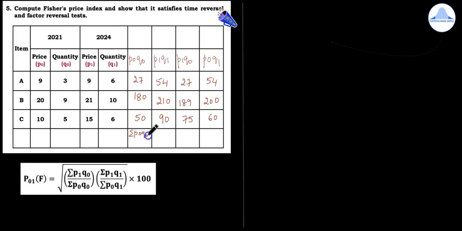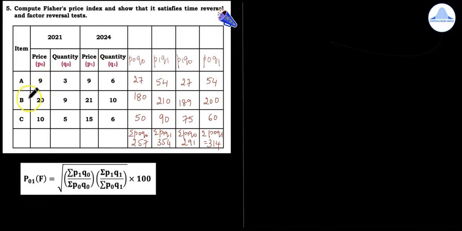Next, let us calculate the totals. So summation P0 Q0 is 257. Summation P1 Q1 is 354. Then summation P1 Q0 is 291, and summation P0 Q1 is equal to 314.